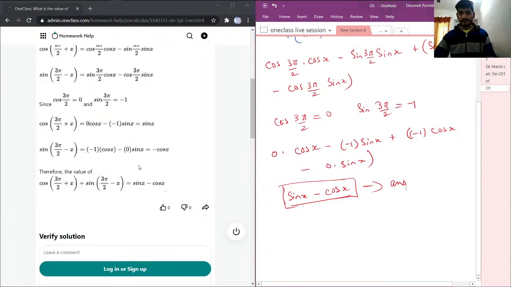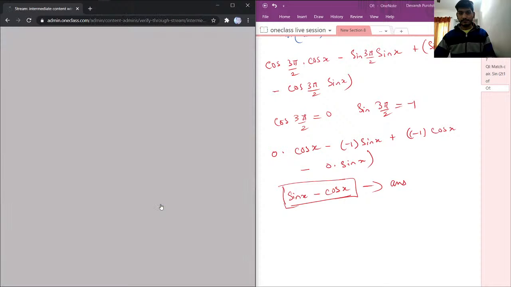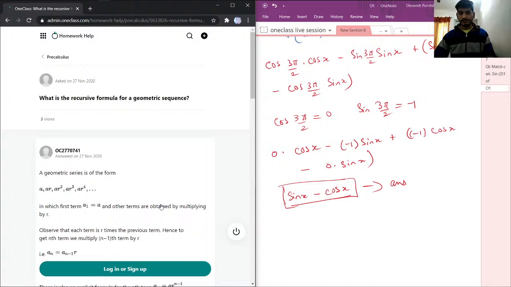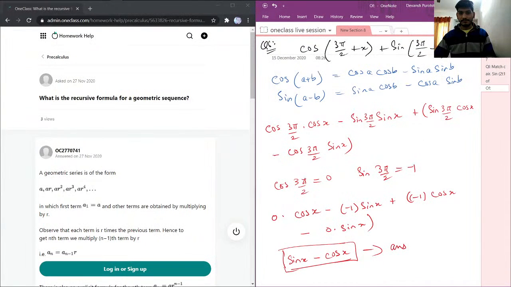And here also the solution given by Junior Tutor is correct. This was question 6.